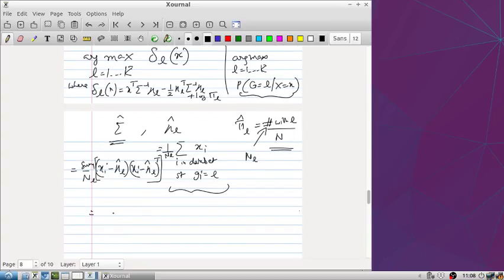Okay, this is the formula. 1 by the sum over L equal to 1 to k, 1 by NL, sum over i such that gi is equal to L, so all the data points for which the class label is L, of xi minus mu hat L, xi minus mu hat L transpose.